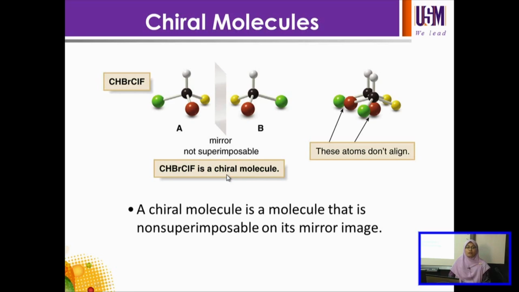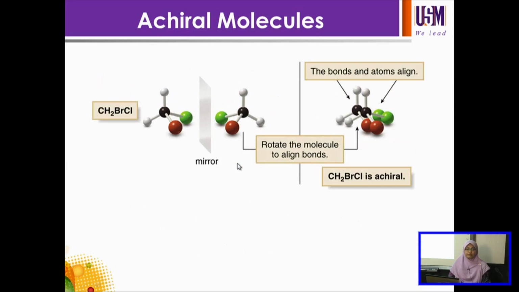A chiral molecule is a molecule that is non-superimposable on its mirror image, and therefore A and B are a pair of enantiomers. What about achiral molecules? Here we have bromochloromethane. We only have 3 different groups, which are bromine, chlorine, and also hydrogen.